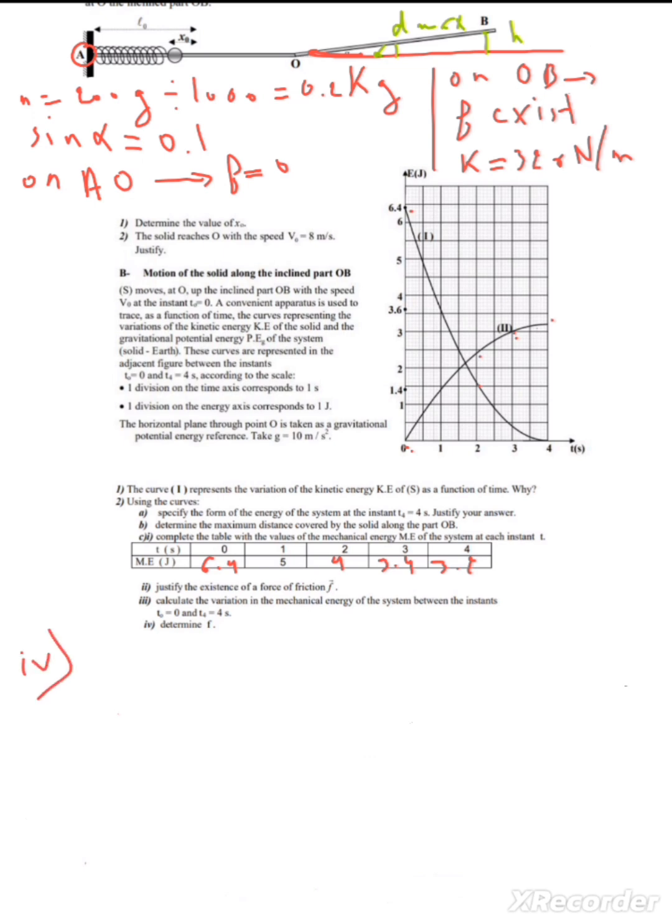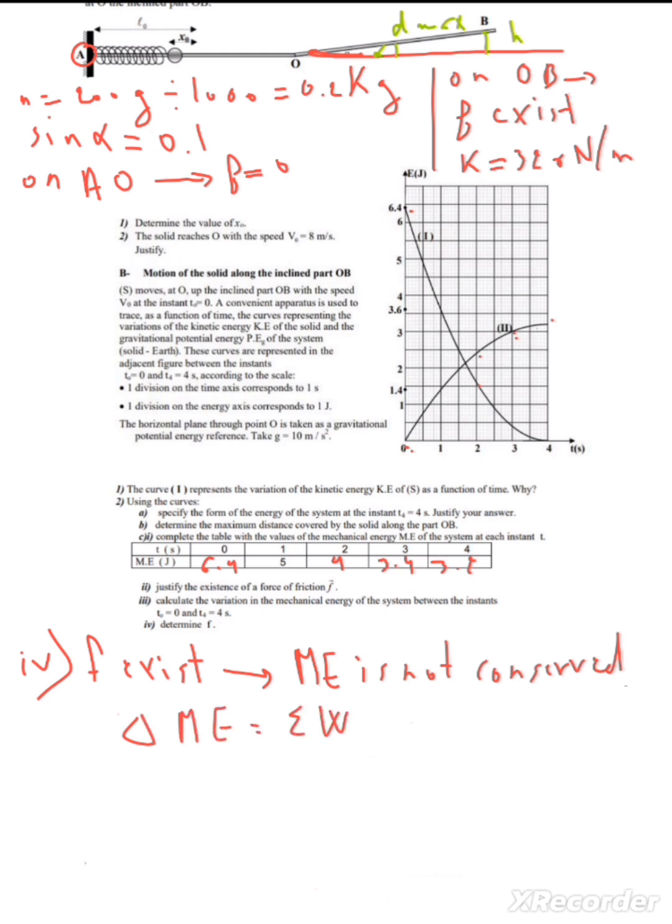Part 3ii: determine F. F exists, so ME is not conserved. Mechanical energy is not conserved from part 3i. It is not constant. So we have delta ME equal summation of work of non-conservative forces.